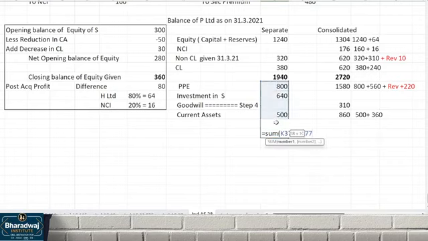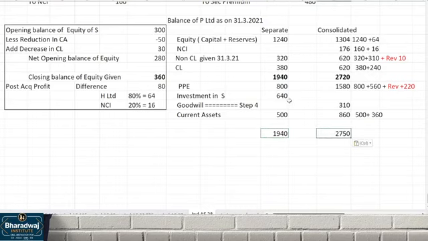Sir, why are you doing this without our regular method? Because they have asked for both the separate and consolidated balance sheet, both at the beginning of the year as well as at the end of the year. We made a mistake.